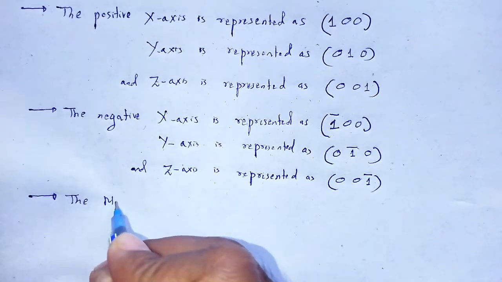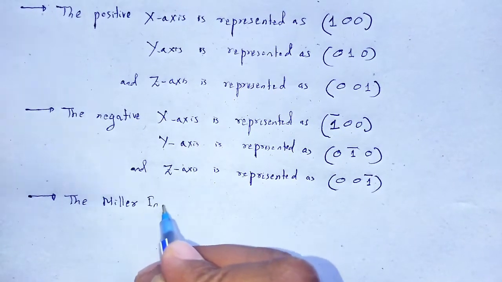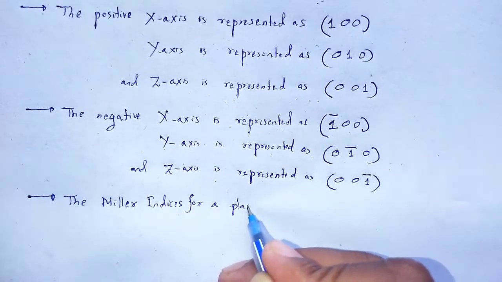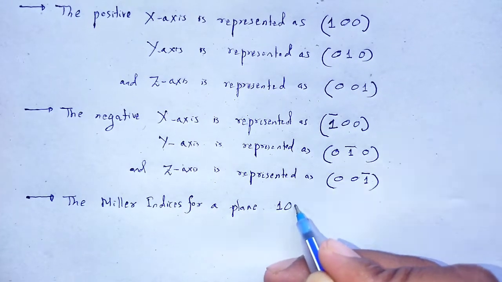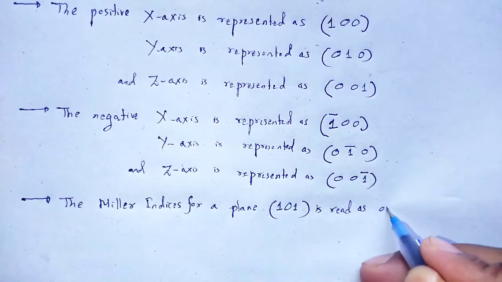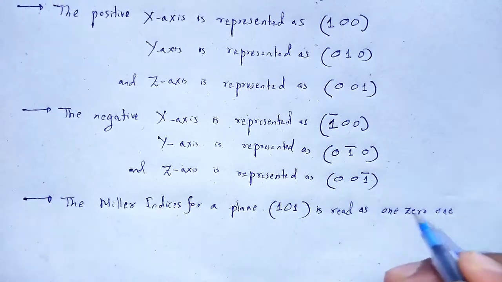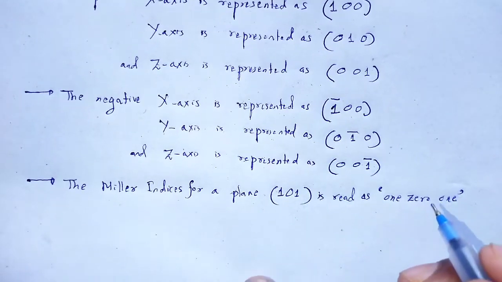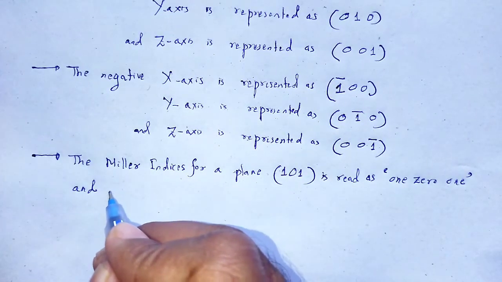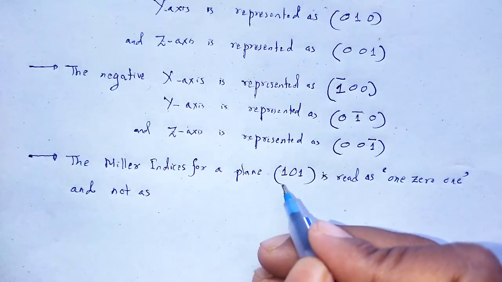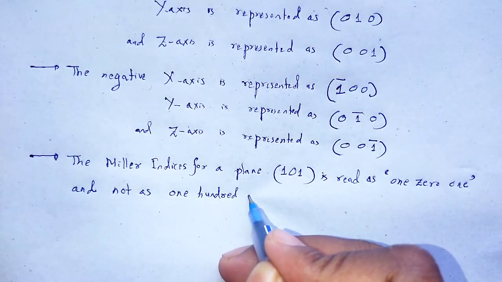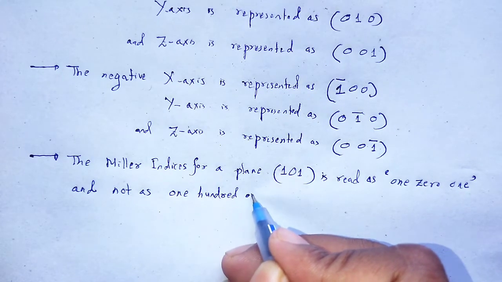The Miller indices for a plane, 101, is read as 101, and we do not read it as 100 and 1, 101.